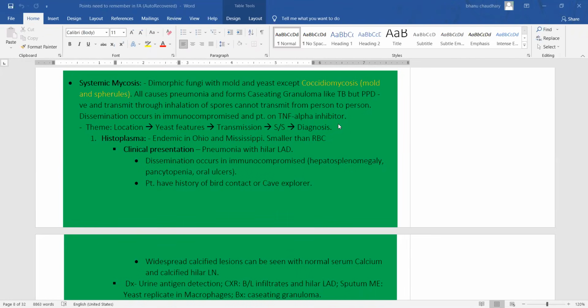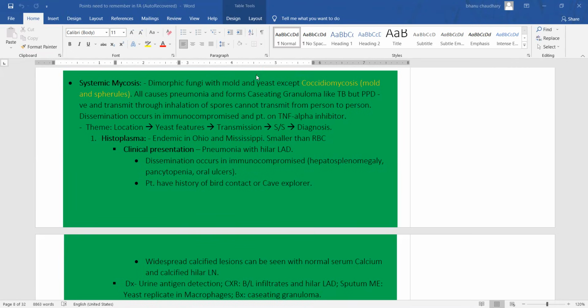So first are the systemic mycoses, and I want you to look at your First Aid. One important point is that all of the systemic fungi are dimorphic fungi. They exist both in the mold form as well as in the yeast form, except for coccidioidomycosis, which is a dimorphic fungus, but it does not exist in the yeast form. It exists as mold and spherules, not yeast.